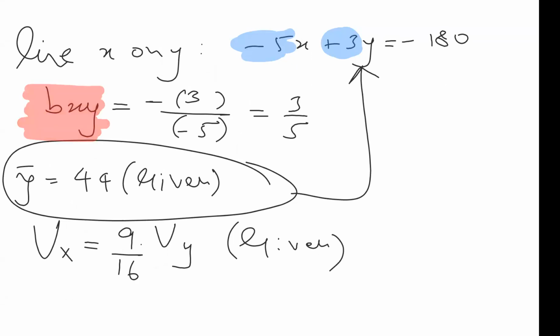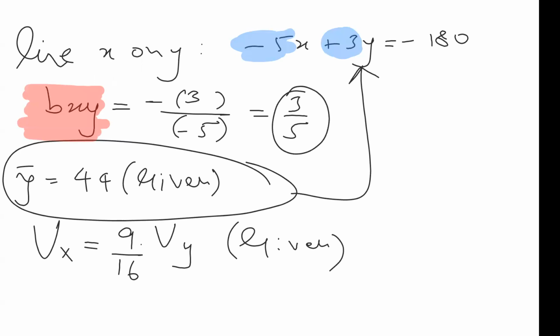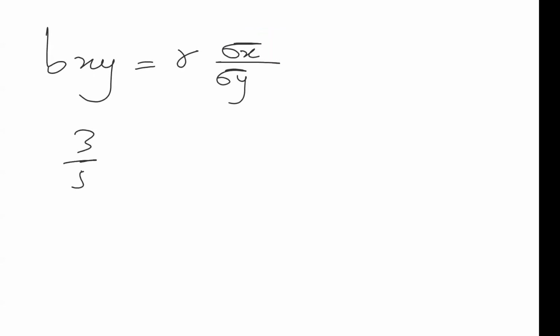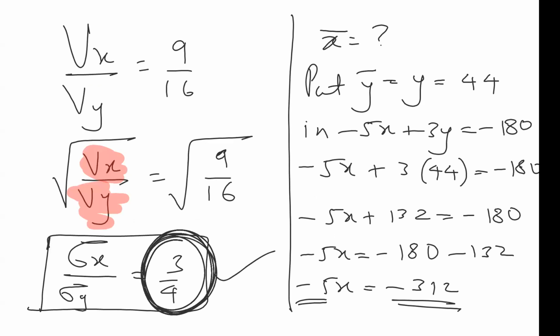So we'll write the formula in terms of r: bxy is equal to r sigma x upon sigma y. We have already calculated bxy as 3 by 5, r we don't know, and sigma x upon sigma y is equal to 3 by 4.